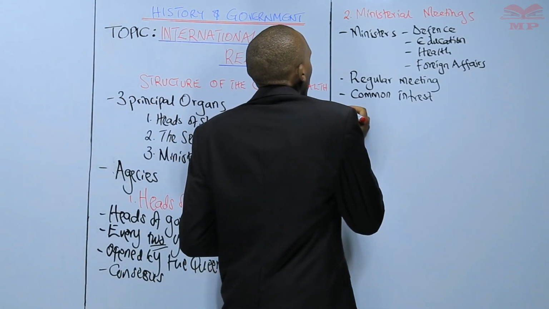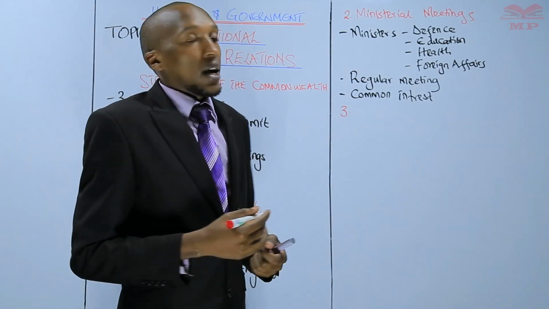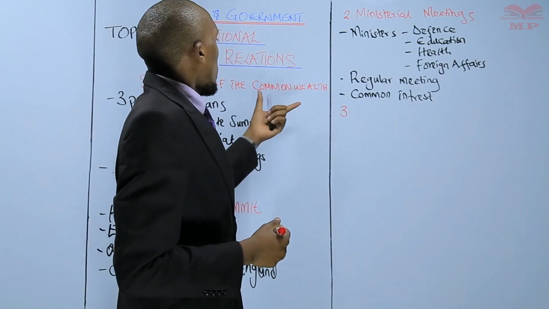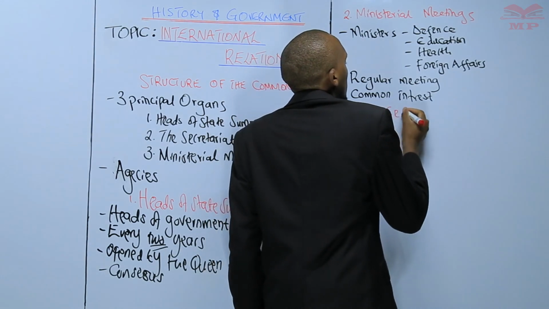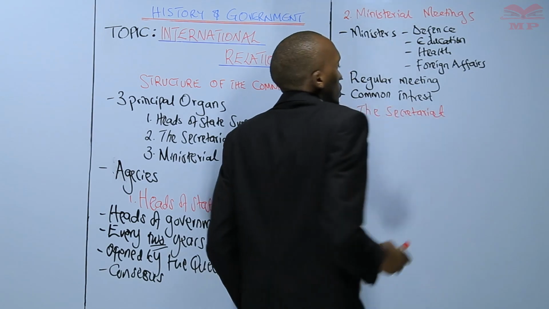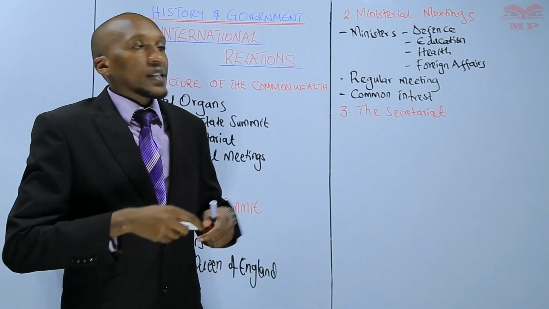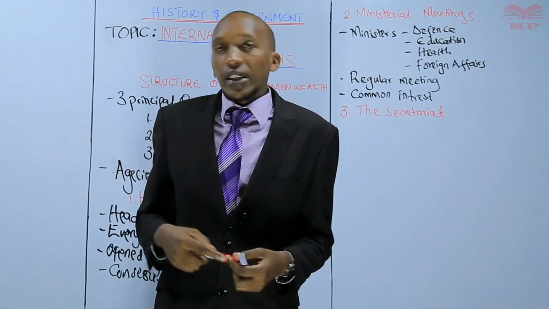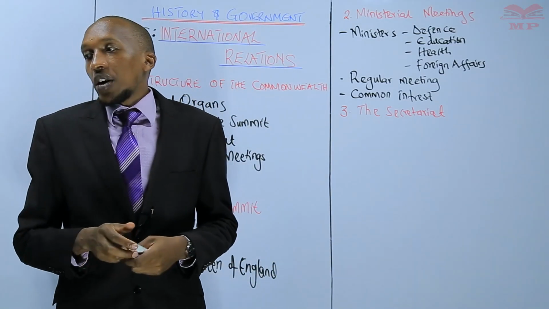Now, we come to the other organ that is also very important. It's a very important organ of the Commonwealth, the secretariat. So this one is involved with the day-to-day running of the Commonwealth or of the organization.